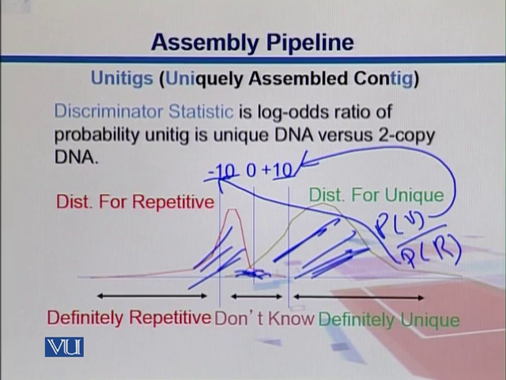So when we plot these two together, we can have these overlapping distributions. Anything that falls here is repetitive, with a value of minus 10 or below, and the values which are higher than 10 are unique, so they are lying in this distribution. The middle region is where we are not sure about it.